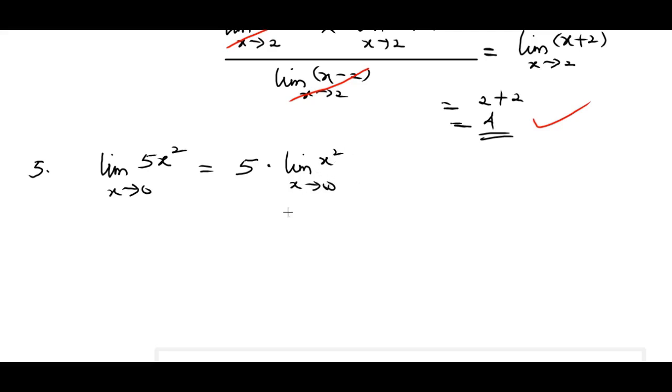All right? So if x is tending to 0, wherever you see x, you put 0. So that is 5 multiplied by 0, and that is what? 0. So the answer to this question is 0.